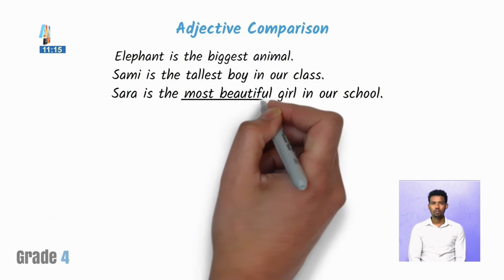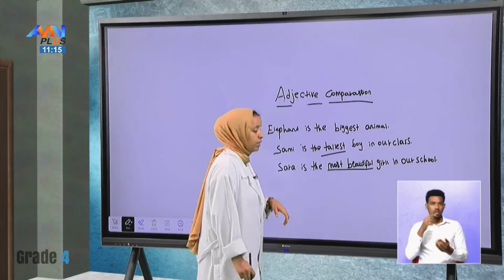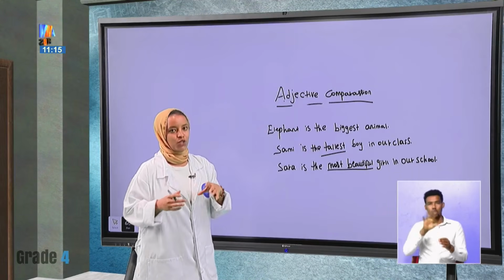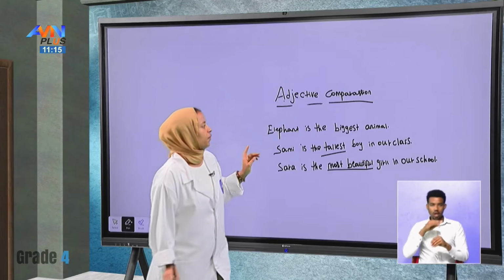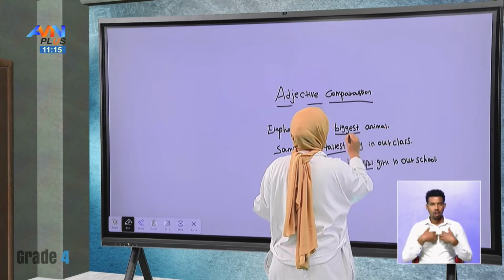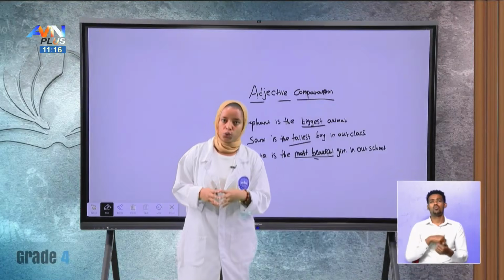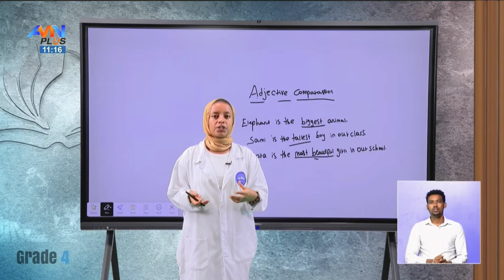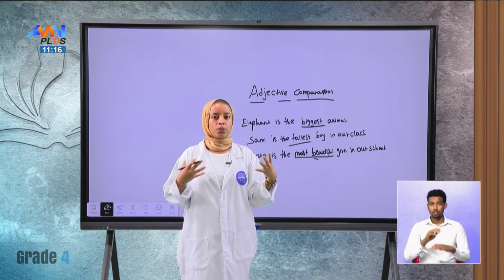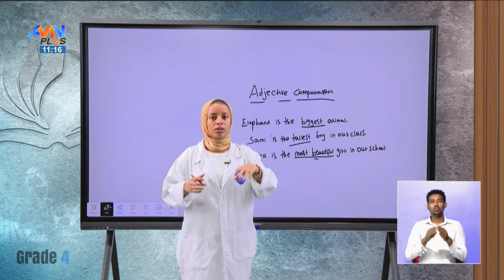Here, Sami is the tallest boy in our class. We are comparing Sami with the whole classroom. Here, elephant is the biggest animal. This is how we are using superlative adjective, comparing with the whole group of things.